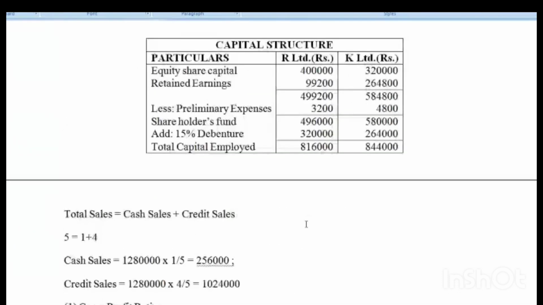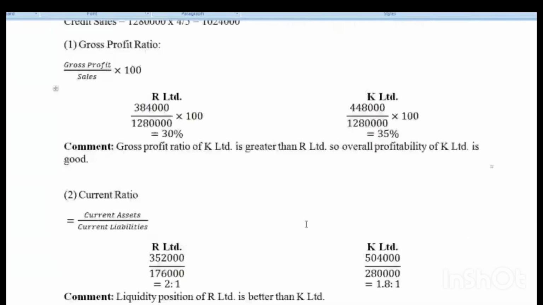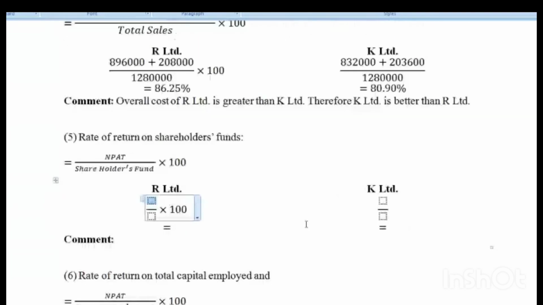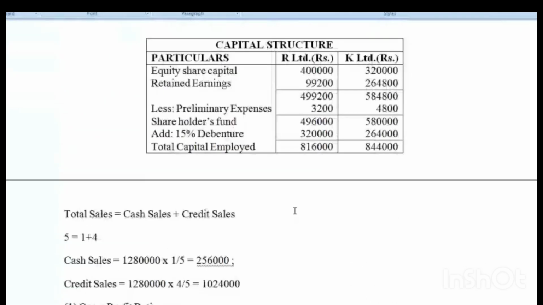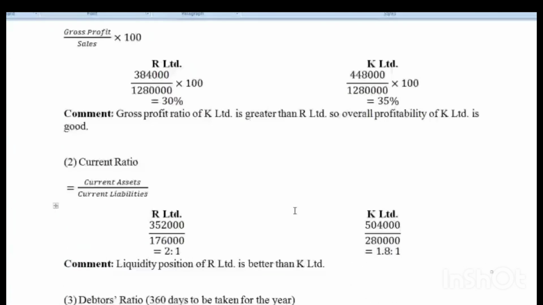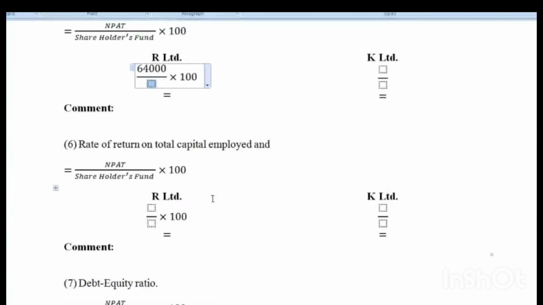Net profit after tax is 64,000. So 64,000 divided by shareholders fund, 4,96,000, into 100. Then the answer is 12.90.